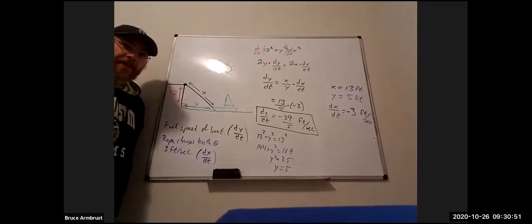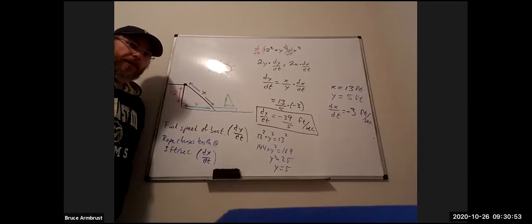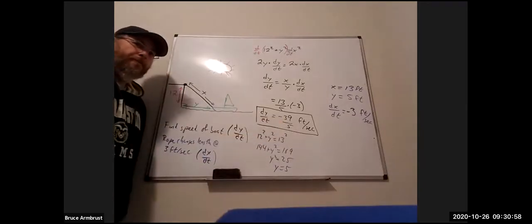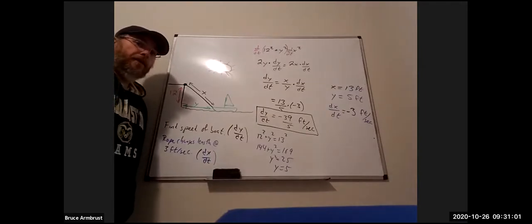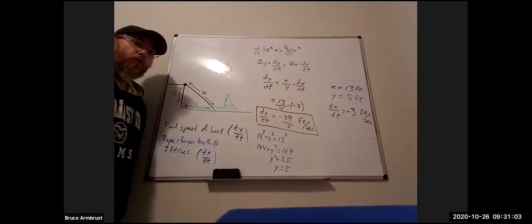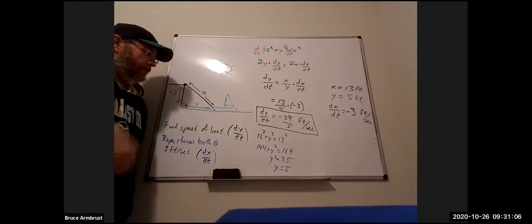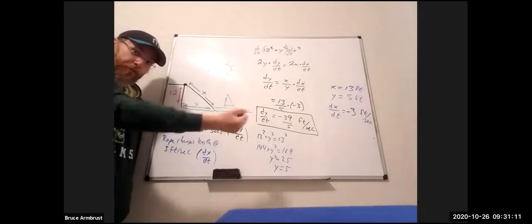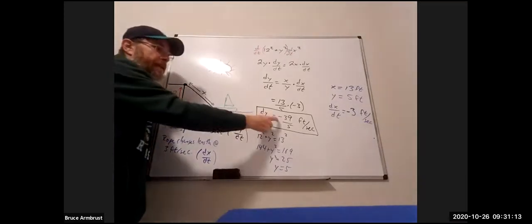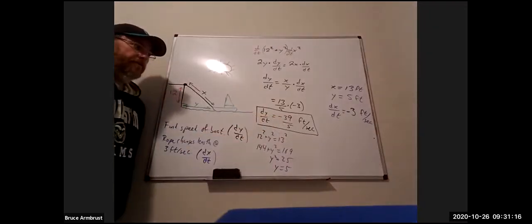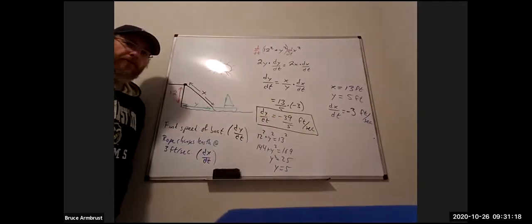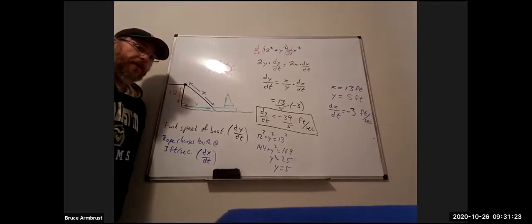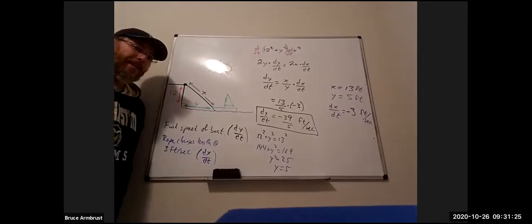All right, so that's the velocity of the boat at this point. It's negative. And if you think about that, that should make sense, because a negative rate of change means that quantity is getting smaller. Y, the distance from the boat to the dock, is getting smaller. We're pulling it in. So it's negative 39/5 or negative 7.8 feet per second. So the speed of the boat is 7.8 feet per second, but its velocity is negative 7.8.